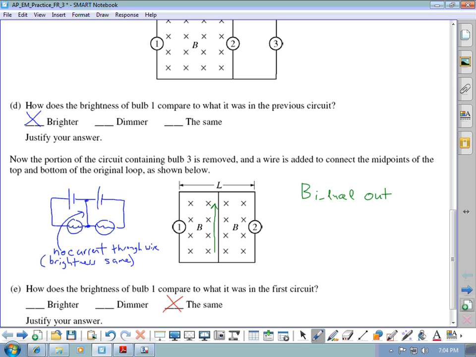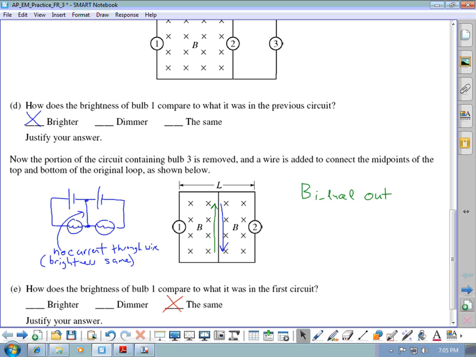But if I look at the loop on the other half, if I need an outward pointing induced magnetic field, then that means that the current needs to be flowing down through this wire. Exactly the same size current.